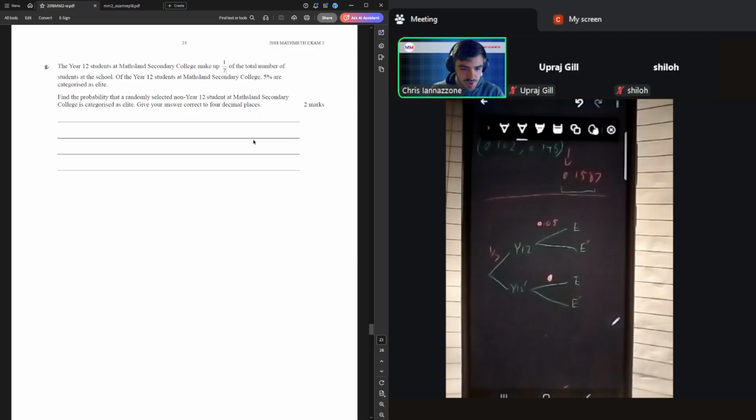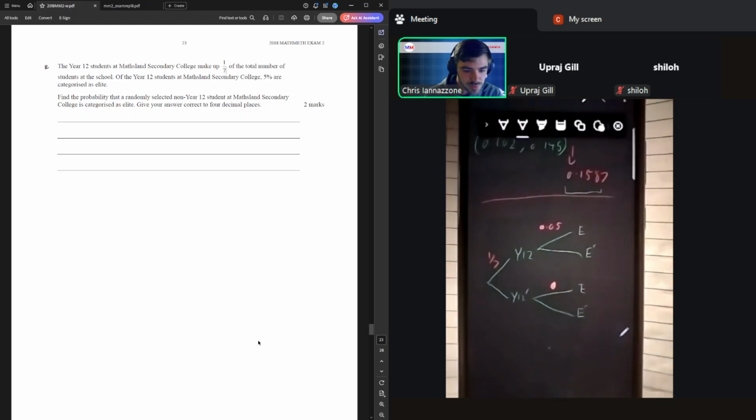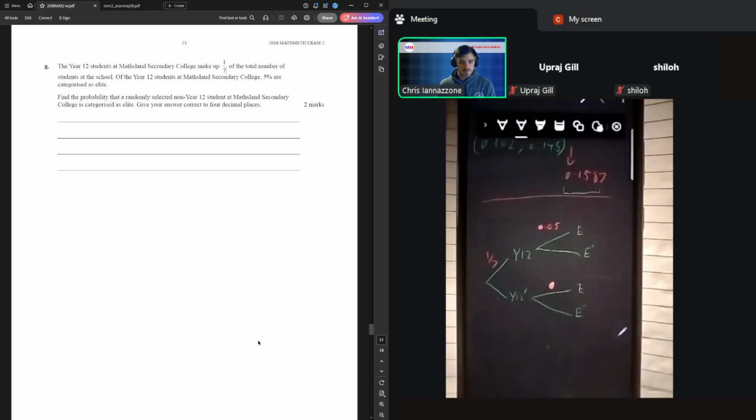Based on what we're looking at from this tree diagram, what are things we can start putting in place? There are some things we can fill out, even by just ignoring the question and focusing purely on the tree diagram.